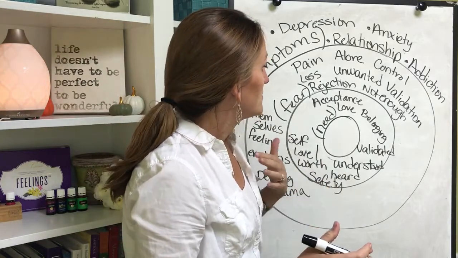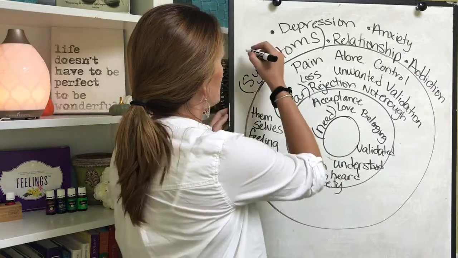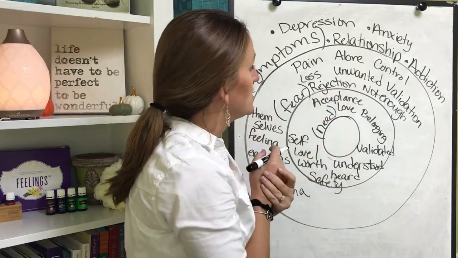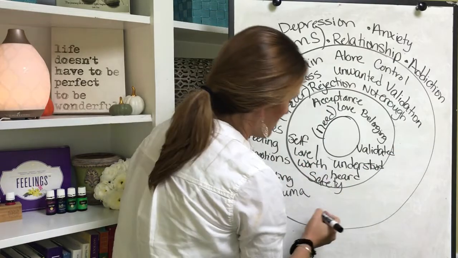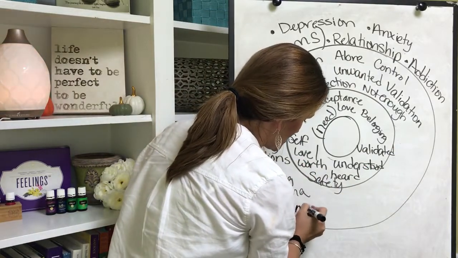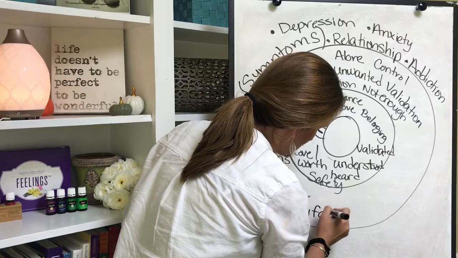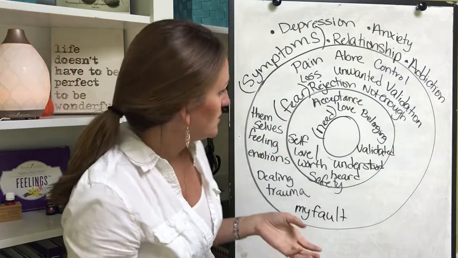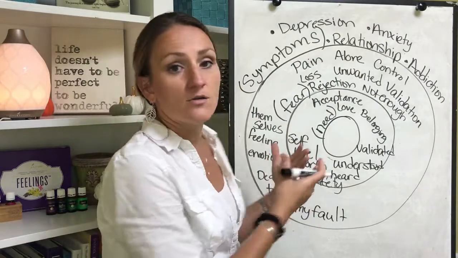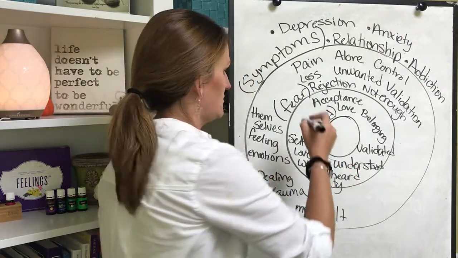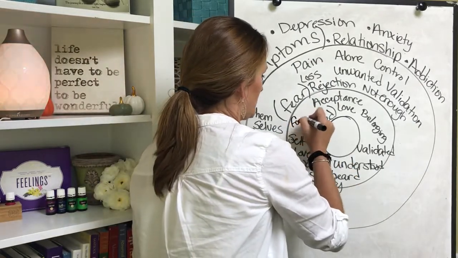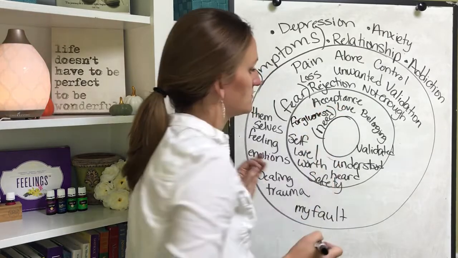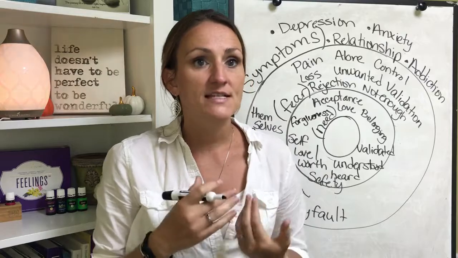Maybe if the symptom was a divorce, then the fear might be that this was your fault. That's another common fear, that it was my fault. The chaos that has happened in my life is my fault. And so the need there would be forgiveness. To forgive yourself or others.